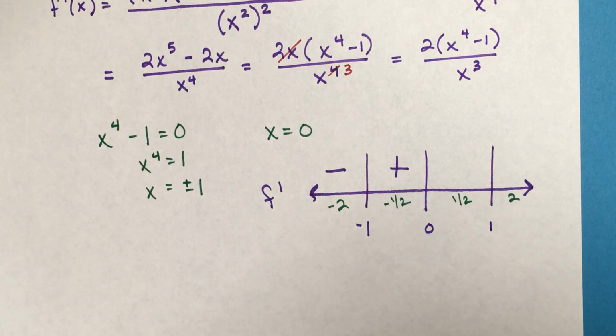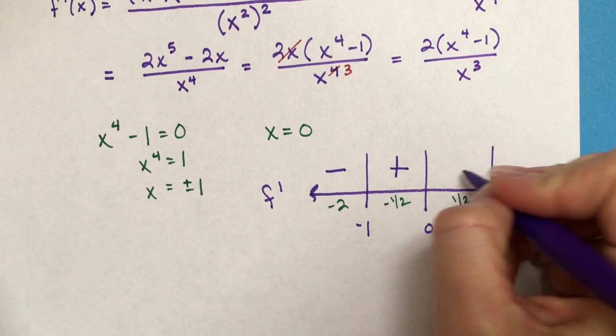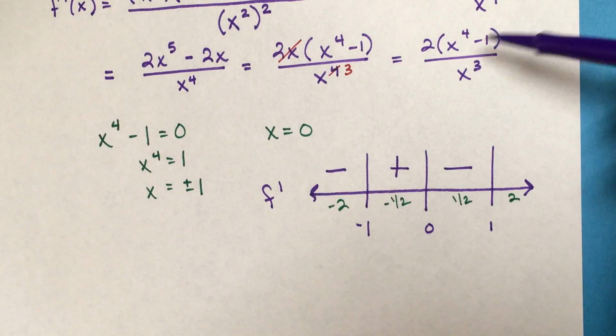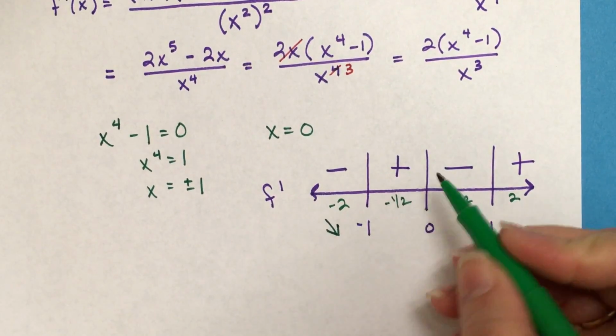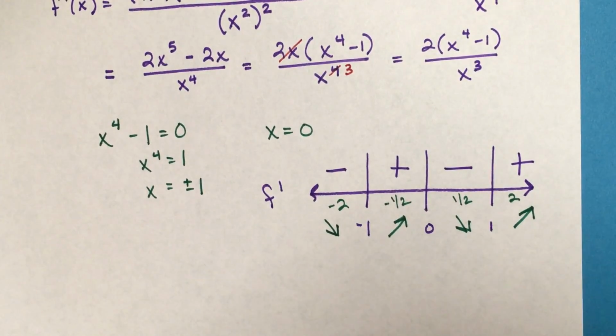Okay, now substitute in the 1/2. Okay, so that's going to give me a negative on the top and a positive on the bottom, so that would be negative. And then if I were to substitute in the 2, then that's going to give me a positive. Okay, so this interval would be decreasing, increasing, decreasing, and increasing.